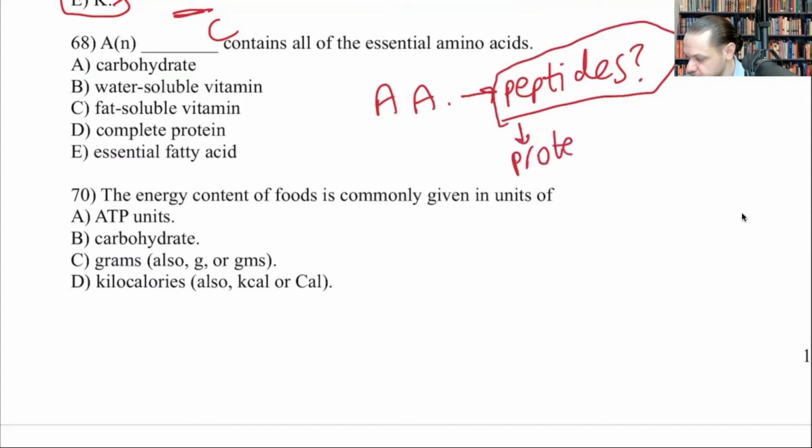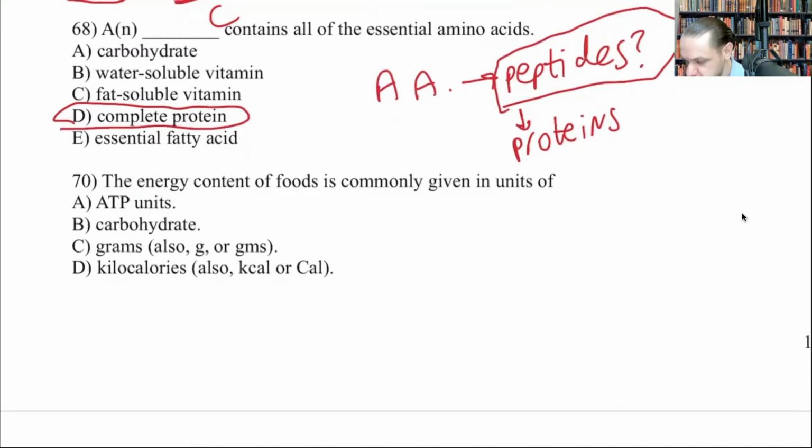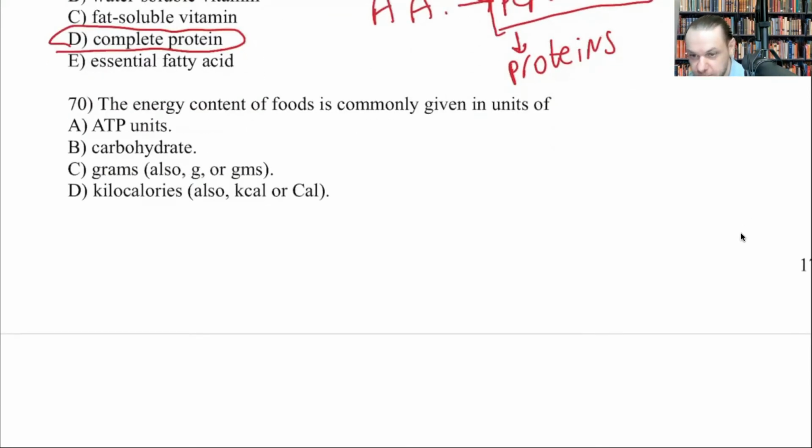It's the D. What would you say? D. D is correct, right? So all the essential amino acids are in your protein. Proteins being meats, right? Eggs, milk products, right? So stuff like that. So that's where you get most of your proteins. All right. So number 70, next is Jessica.